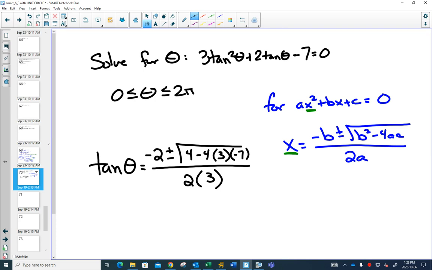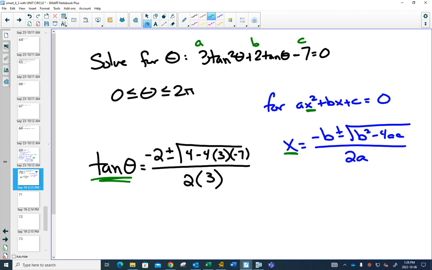We just plug the numbers in that we have. The important thing is that it's now tan theta equals instead of x equals, because in the formula sheet it's for ax squared, but we don't have x squared, we have tan squared. So then we would write tan equals instead of x equals. Plug in the numbers. This would still be your a value, your b value, your c value.